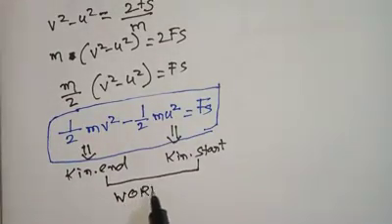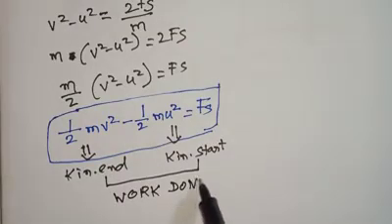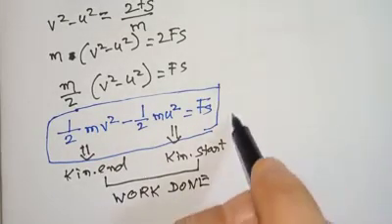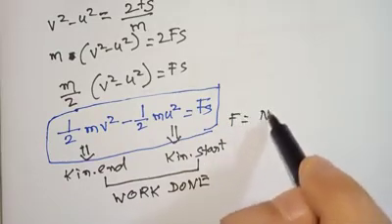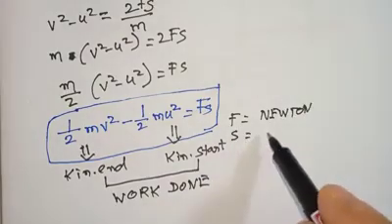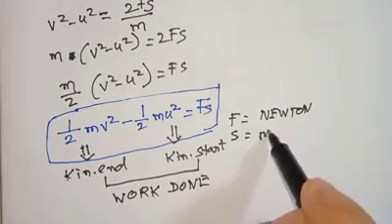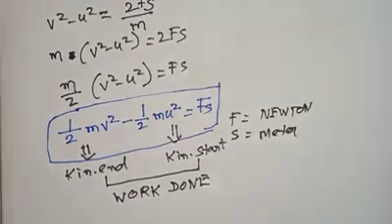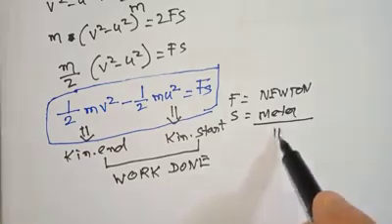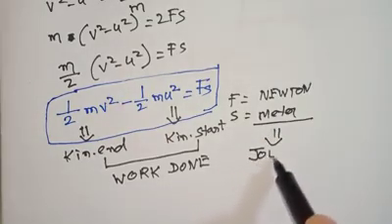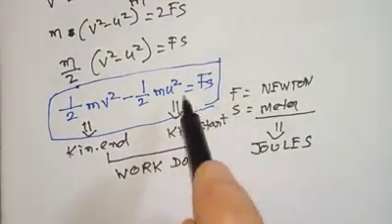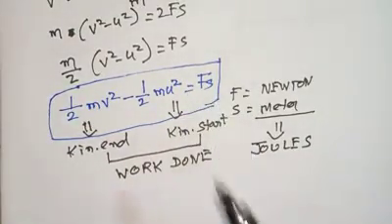Now work done has got fs, that means it has got force, whose unit is Newton, and we have got s, the distance, which is in terms of meter. So we give them a new name as joules. So work done is measured in terms of joules, which is fs, right?